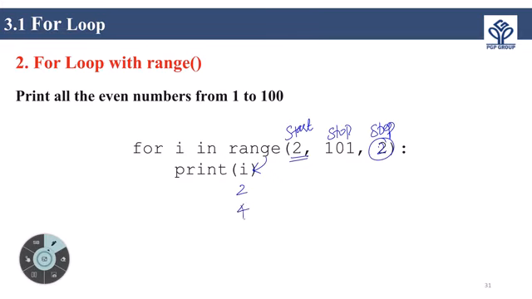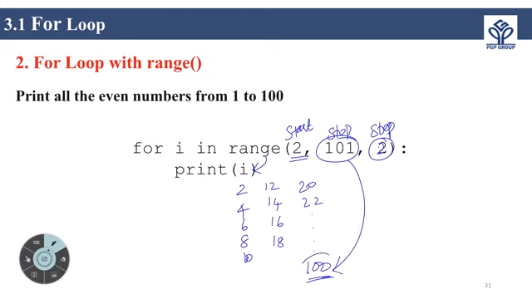So 4, 6, 8, 10, 12, 14, 16, 18, 20, 22, and so on up to 100. Clear? The last value is before the range end.